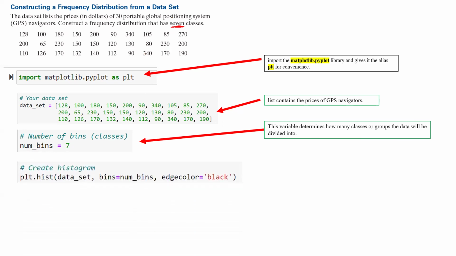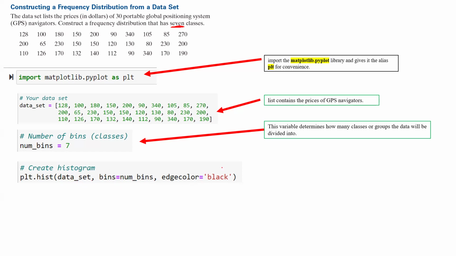Now, let us create a histogram. plt.hist, which represents the histogram, open parenthesis. The very first value is the variable including the prices, data underscore set, comma. The number of bins is going to be assigned to bins, 7.